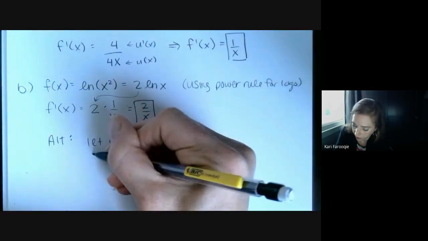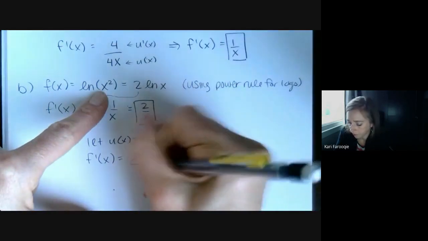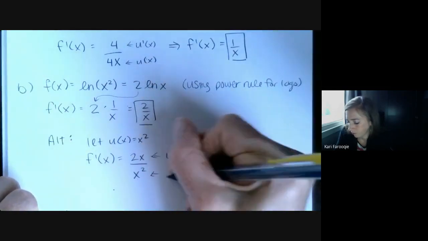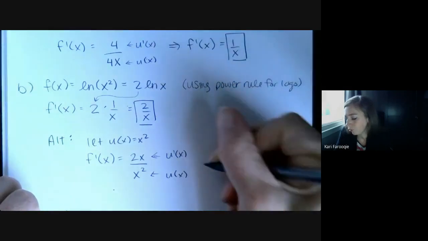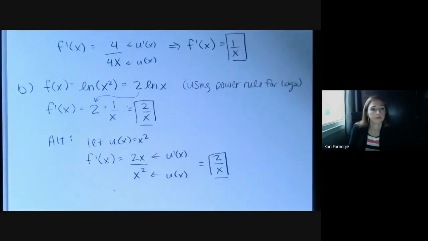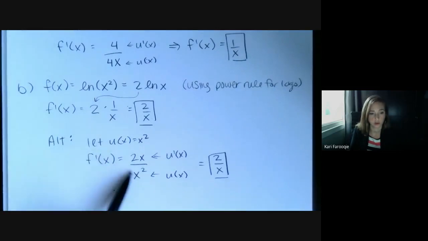And then you would have said that f prime of x is u prime divided by u, which simplifies to 2 over x. So same exact answer, different solution process. Personally, I like this one because it doesn't involve any usage of the chain rule, which is officially what this is. Just given to you in using a formula.